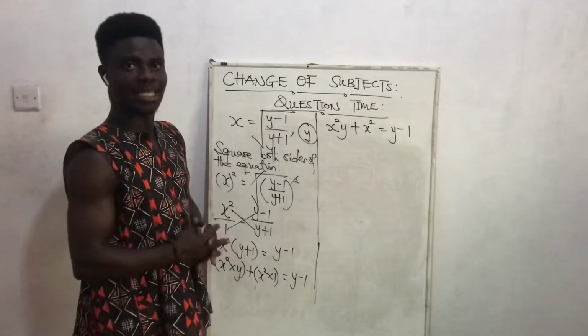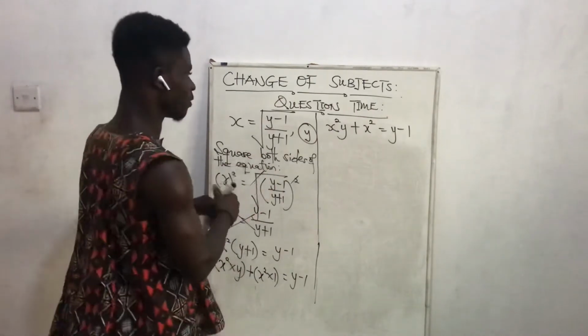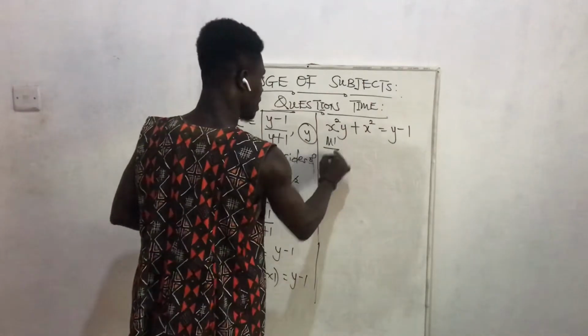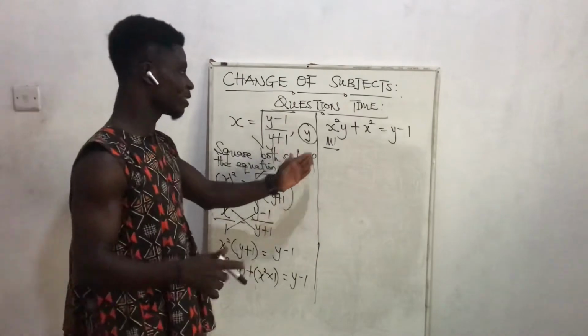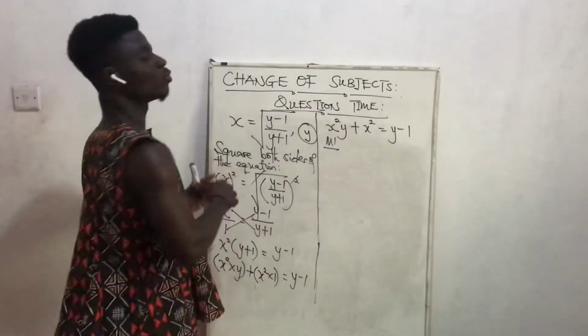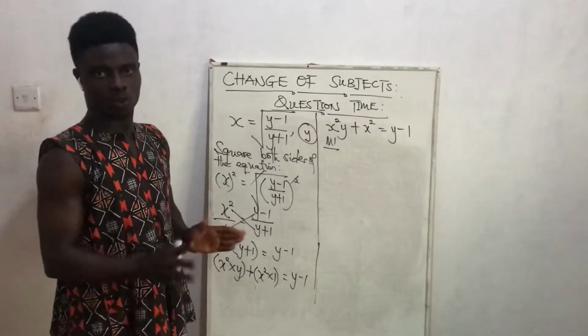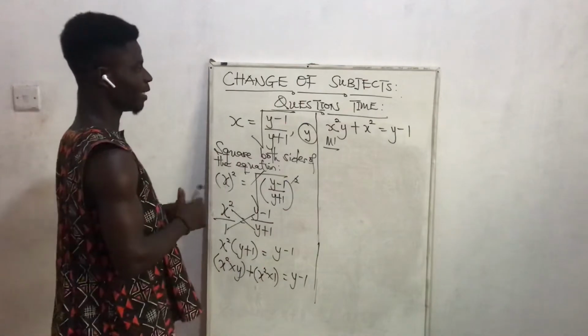We can do it like that, and we all arrive at the same answer. That's method 1. You were thinking that I'll bring this positive y to the left hand side. It's correct. It's correct. But let me try this method 1 and let's see that you all get the same answer.